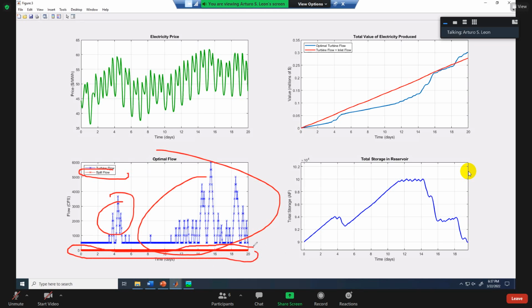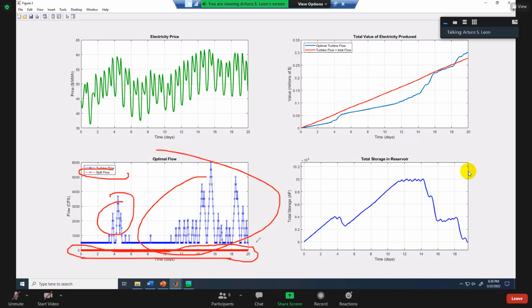Right? The optimal, according to this model, is telling me, hey, during this time, you do not need to spill anything, which means that if you are going to put water from upstream to downstream, it has to be through the gate, because you want to make more money.